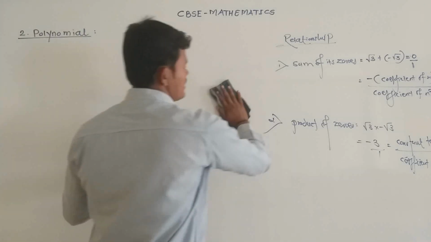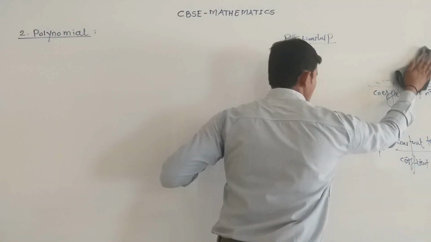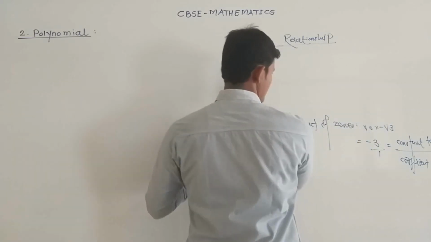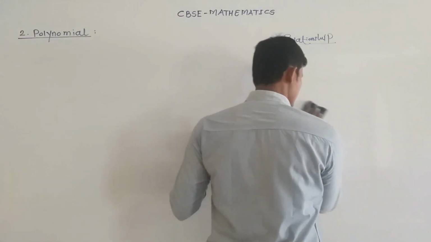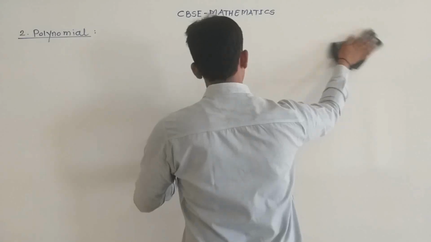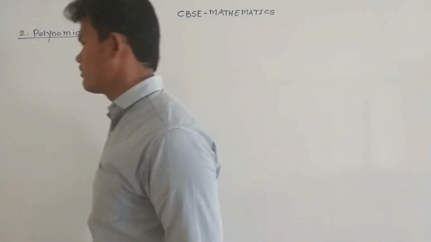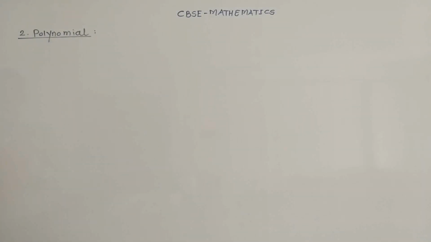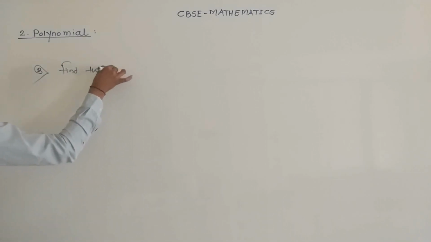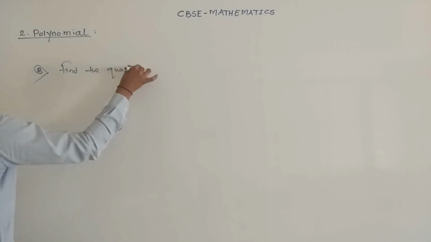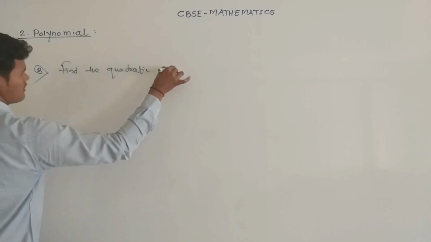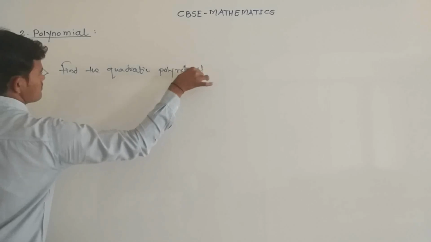That means you will be given the sum of zeros and product of zeros, that is, the relation between the zeros of the polynomial will be given, that is the sum of zeros and product of zeros values, and we have to find the quadratic polynomial.